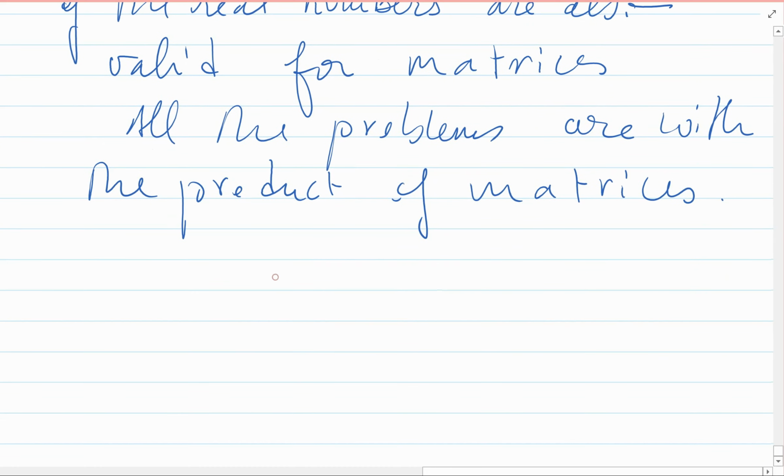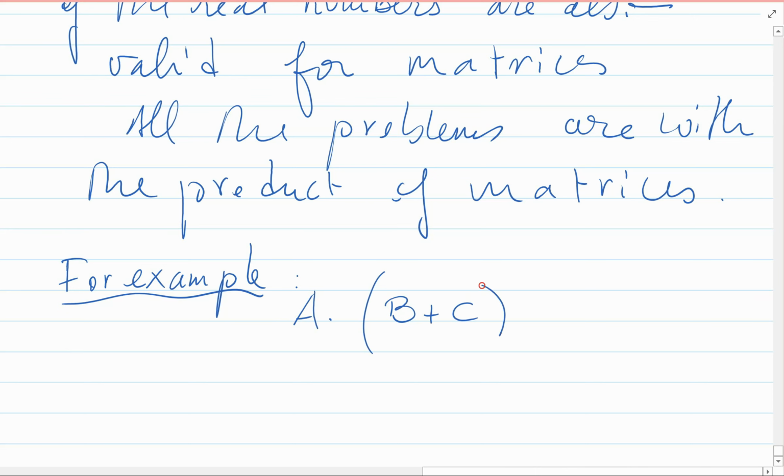So what do I mean by this statement? For example, just to give you an idea, I have three matrices, A, B, and C, and I'm assuming, of course, that the operations can be done.